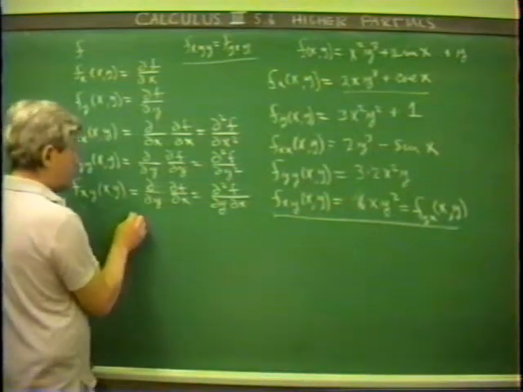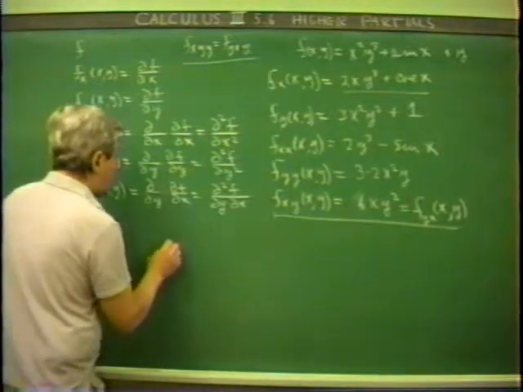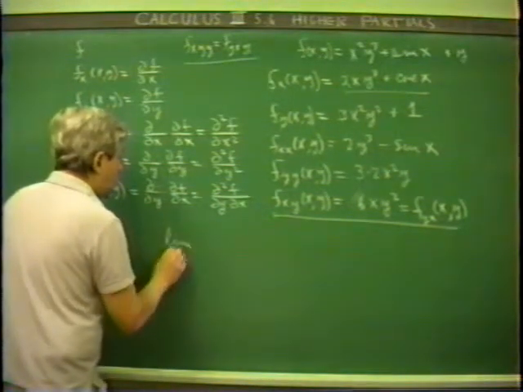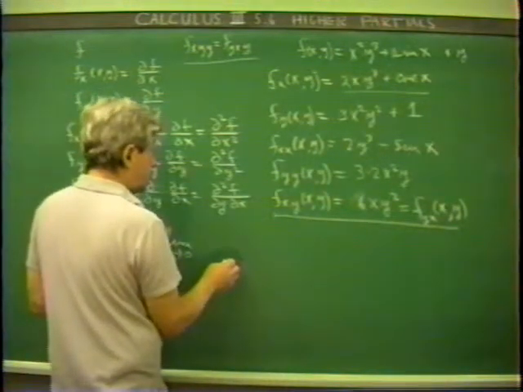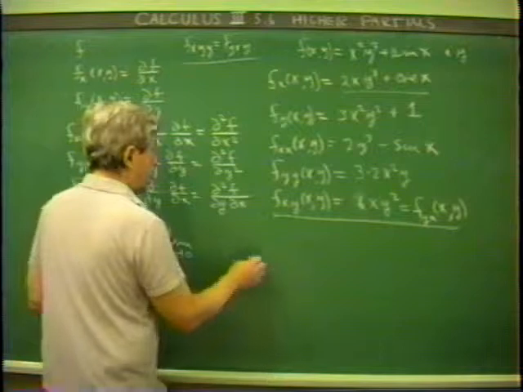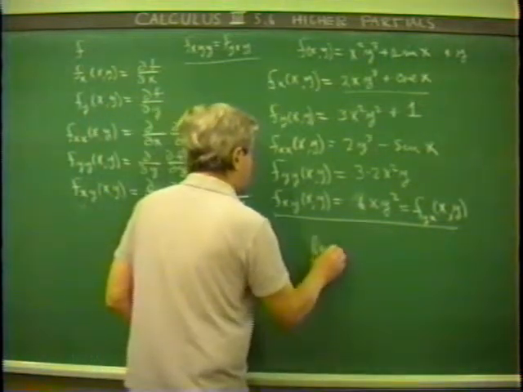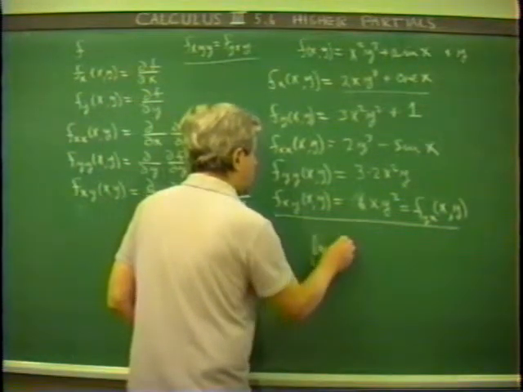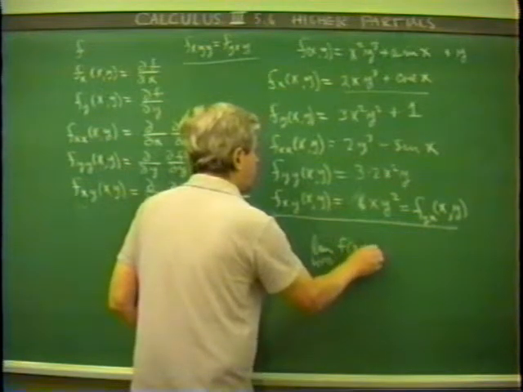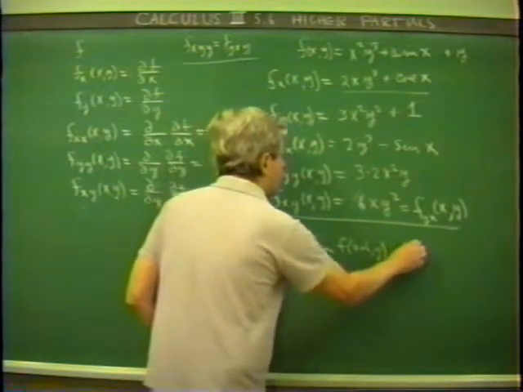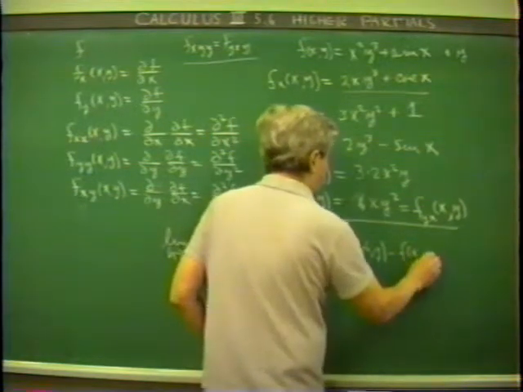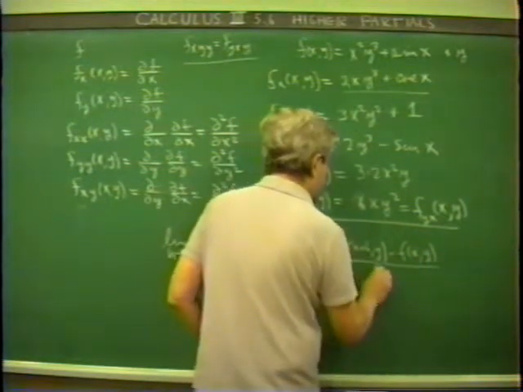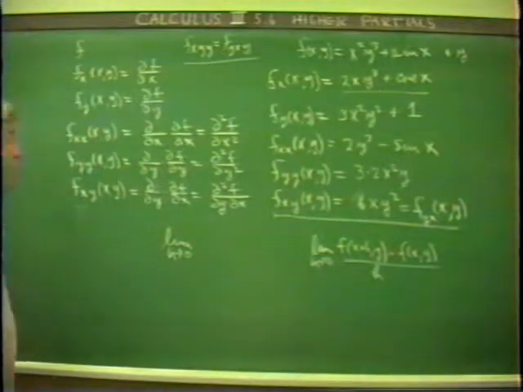The partial with respect to x is the limit as h approaches 0. Let me write it here: the limit as h approaches 0 of f of x plus h and y, minus f of x and y, divided by h.